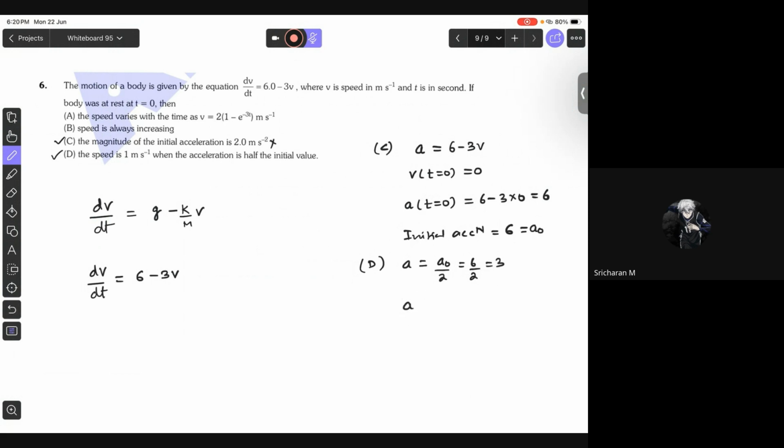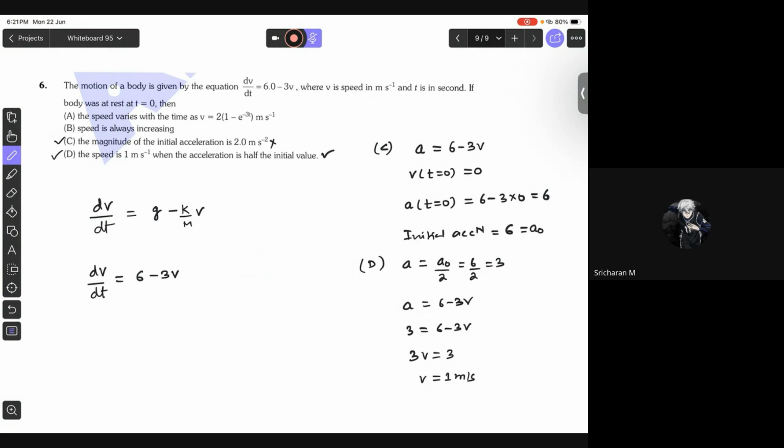So again, I will use a equals 6 minus 3v. So 3 equals 6 minus 3v. So we get 3v equals 3. So v equals 1 meter per second. So option D is correct.